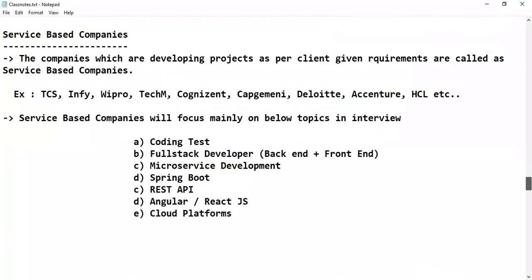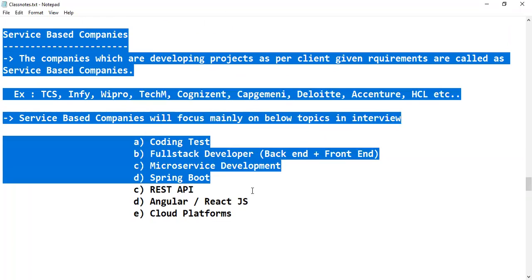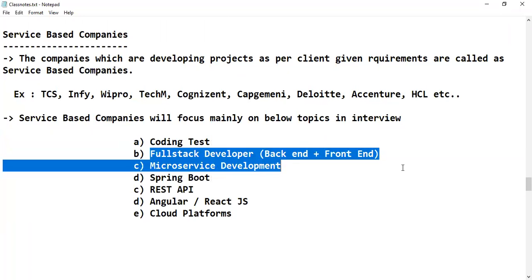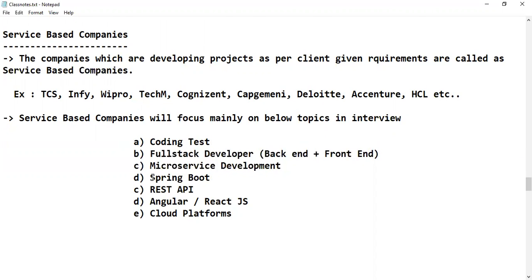So basically, in this course, we are going to focus mainly on service-based company interviews: how to do the coding test, how to do full stack development, how to develop our applications with Spring Boot REST APIs, how to develop the front end with Angular, and how to deploy our applications by using cloud platforms.